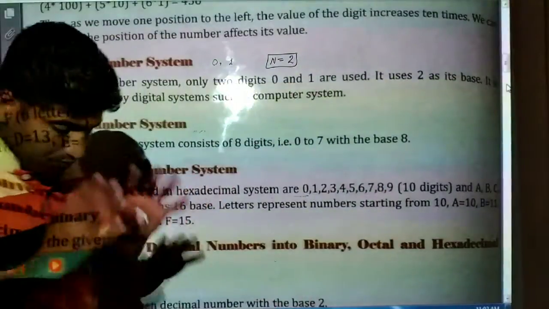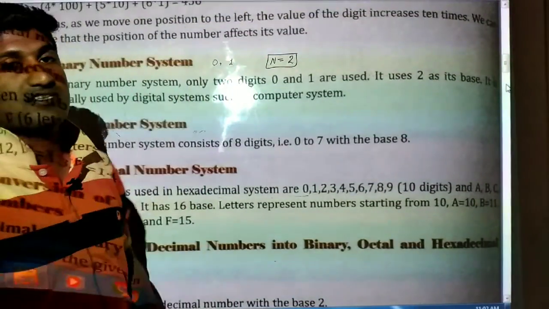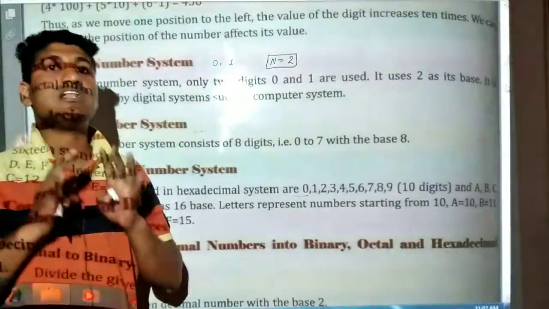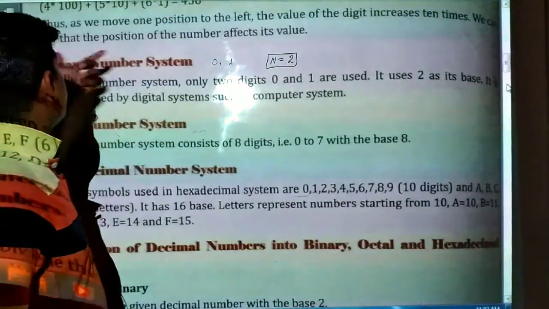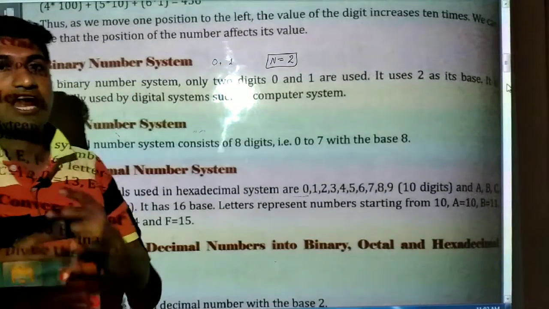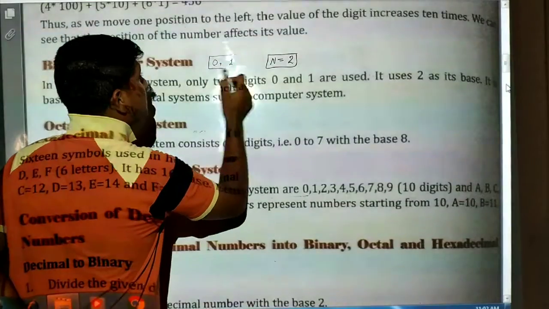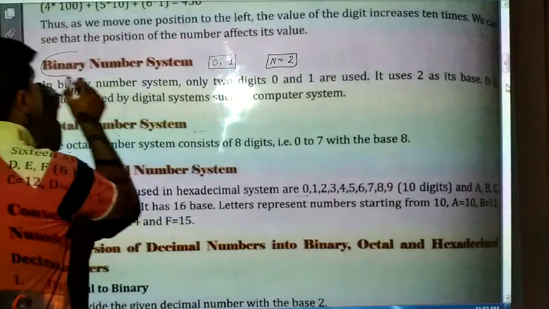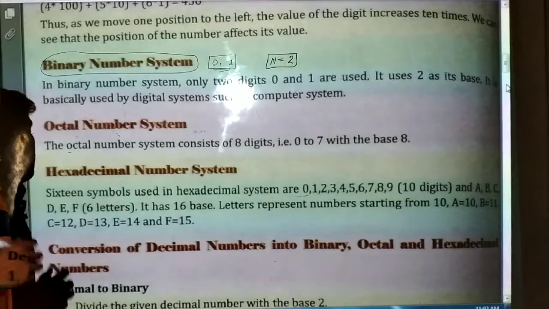So the computer will use the digits 0 and 1. We use decimal number system in our daily life, but computers use binary number system for calculation and other processes. कंप्यूटर के अंदर हम बाइनरी नंबर्स को यूज करते हैं, for calculations.